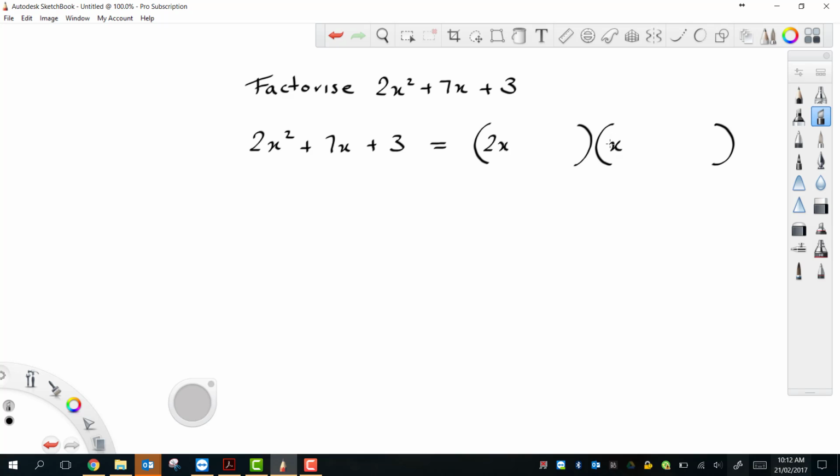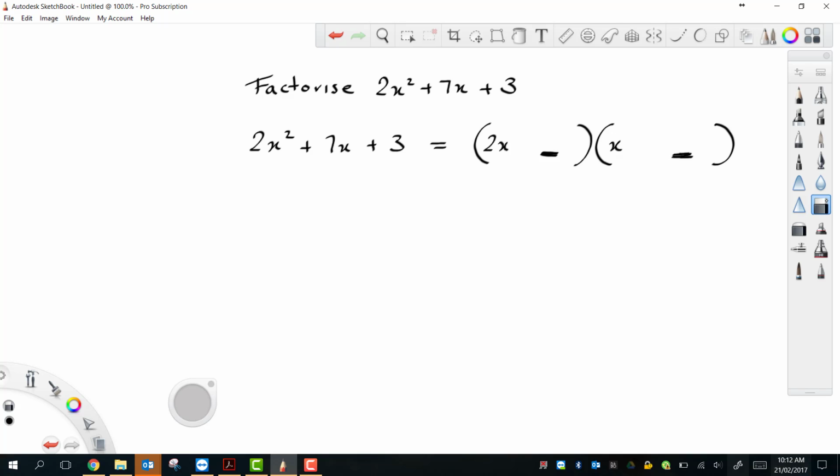Okay, so now we've got to go through a process of working out what happens here and what happens here. For the ones that we've dealt with so far, we have been looking for a number that multiplies to the, in this case, the 3, and that adds to give us 7x.